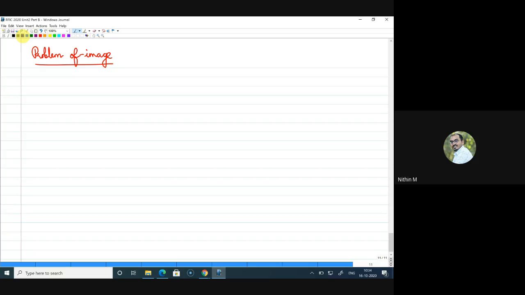Just to understand that, let me take the help of a spectrum, where I can mark the input signal and the LO frequency. Say we have an input signal here, and say this is the signal.